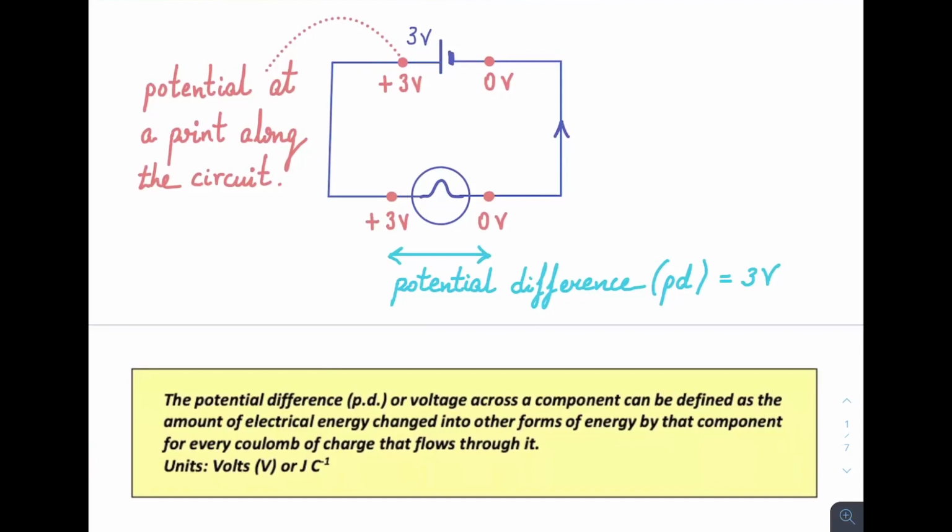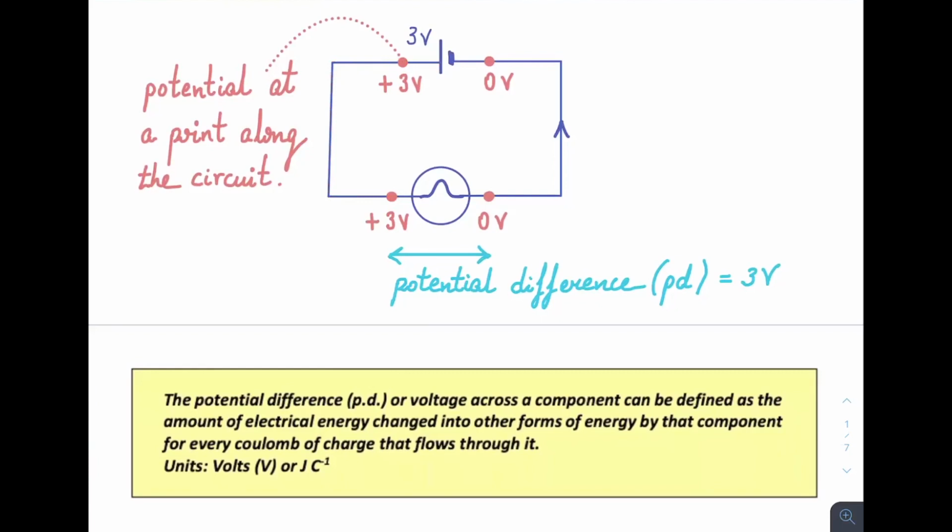Assuming that no energy is lost in the connecting wires, in other words, assuming that the connecting wires have negligible resistance, we can conclude that any point along the circuit in between the positive terminal of the battery and the bulb is at a potential of plus 3 volts.